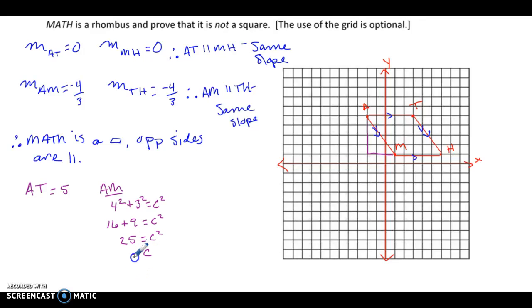So c equals the square root of 25. And then at the end, I can just say that the length of AM, square root of 25, is just 5. Okay, so notice this one's 5, this one's 5. So I can say AT is congruent to AM, same length.